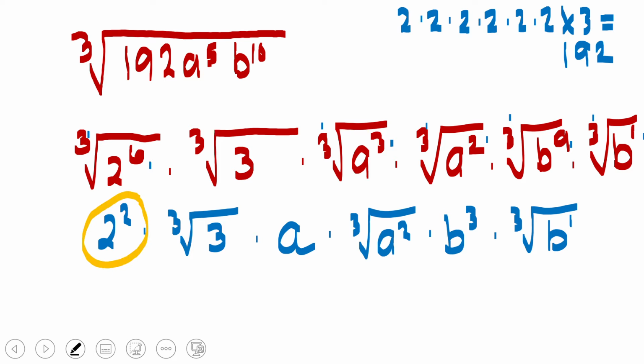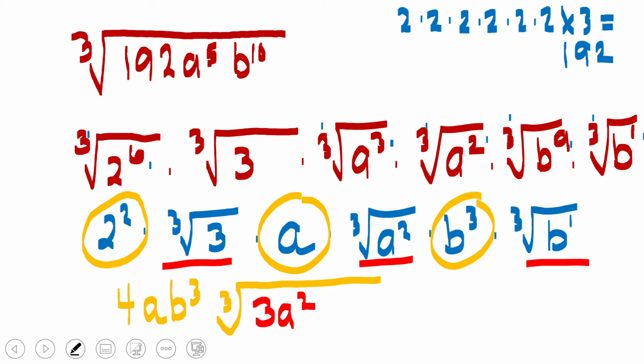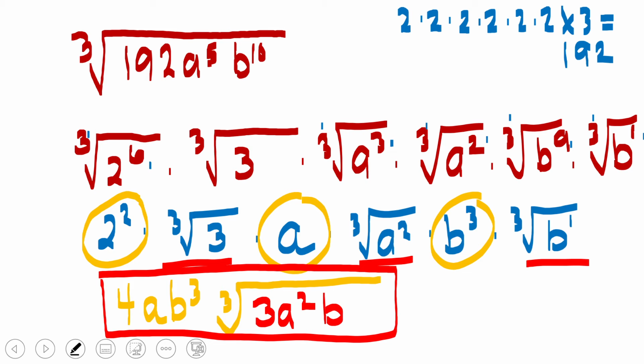Now we can address these values outside the root symbol. 2 squared is 4 times a times b to the third power times the cubed root of 3 a squared and b. This is our final answer when we factor.